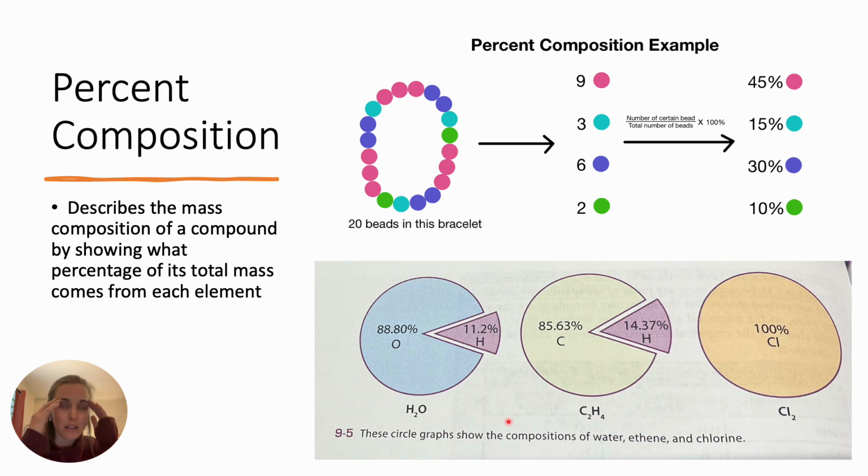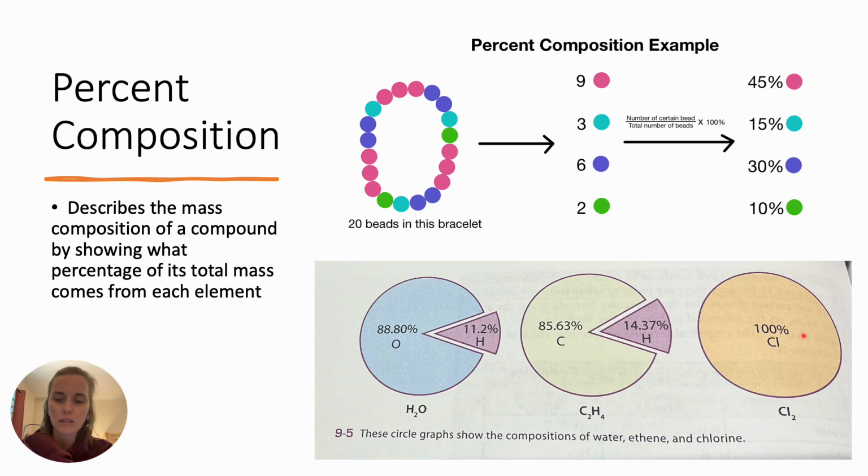Just logically thinking, oxygen is way heavier than hydrogen, so I should have a higher percentage of oxygen for my percent composition than I do of hydrogen. And sure enough, when you do the math, oxygen makes up 88.8% of H2O, and hydrogen makes up 11.2%.